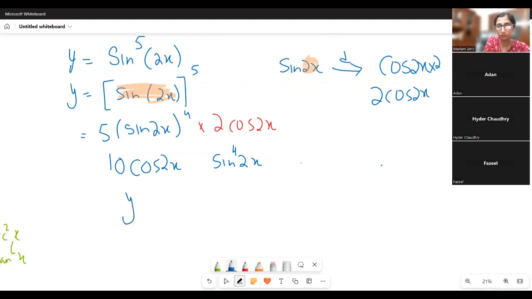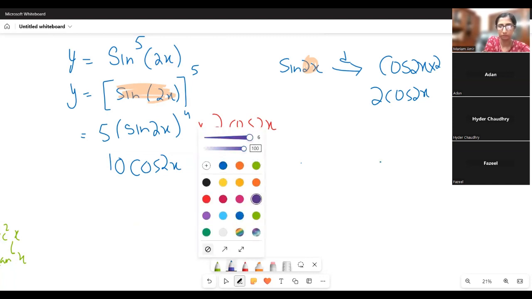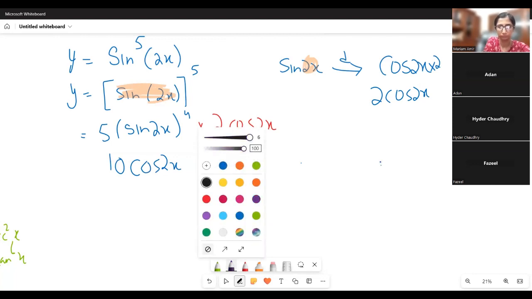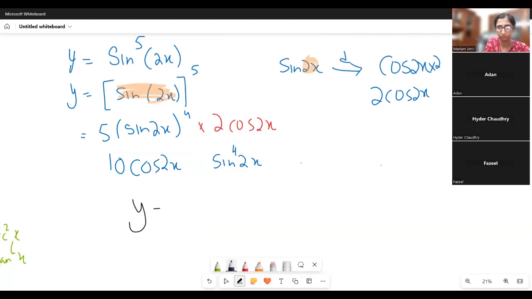y equals cos power 5 and then 1 minus 6x.